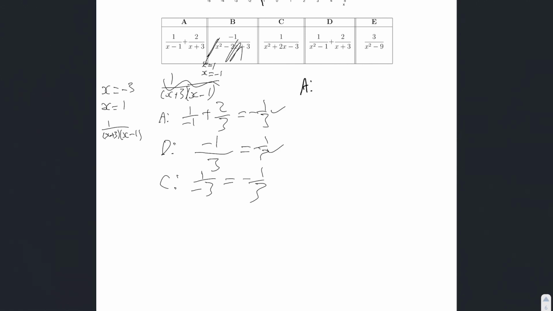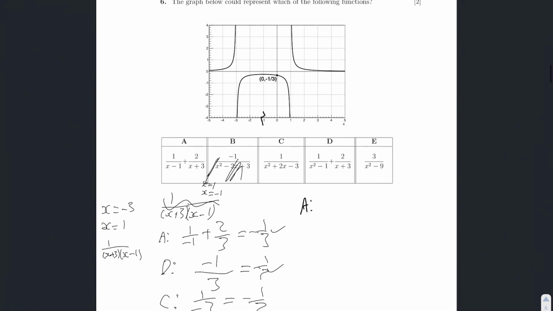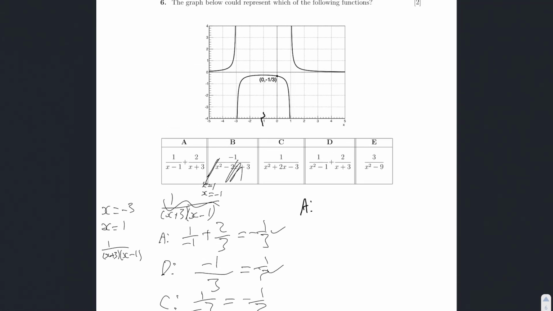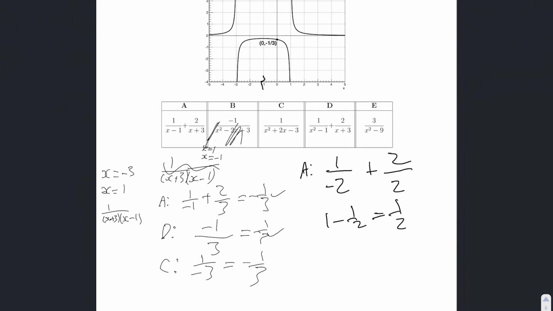Checking x equals 1 for part A, 1 over minus 2 plus 2 over 3 minus 1 is 2. So this equals 1 minus half, which equals a half. So it actually can't be A because this has to be negative as well. So we now know it's not A.